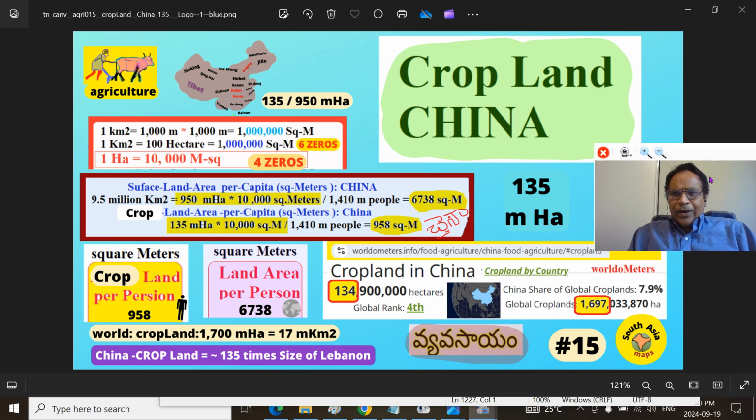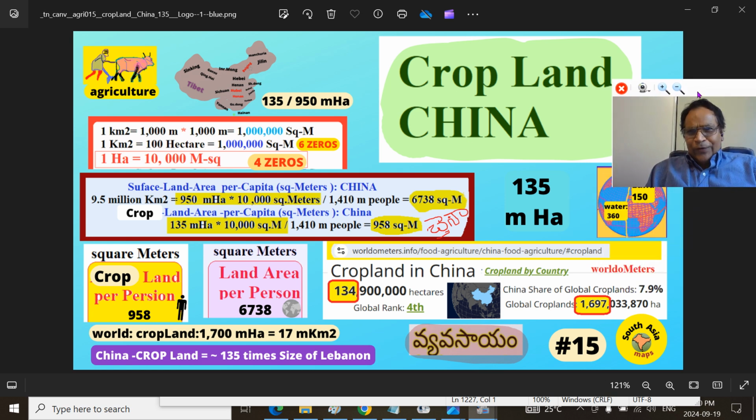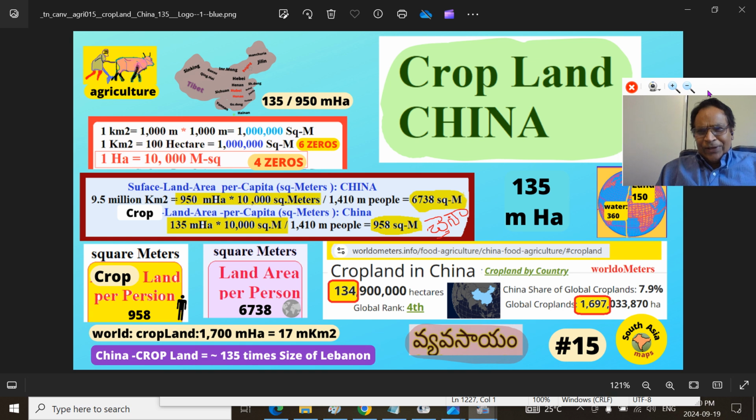Mitronam, we are continuing our fascinating agriculture series. This is part 15. The point of today's discussion is we'll be talking about the cropland in mainland China.